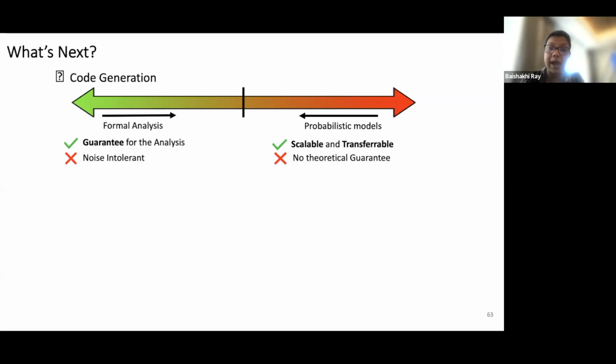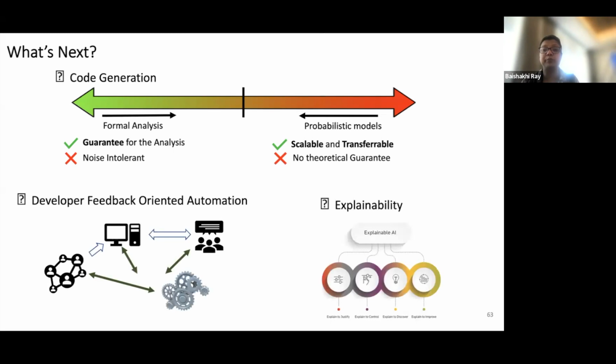So I think a good model will eventually reach a middle ground where we will have more guarantees with developer feedback and code properties. We should also incorporate explainability, and with that we can build a more holistic, code aware model, which can be better, will increase developers' trust, and can make the whole development life cycle much better.